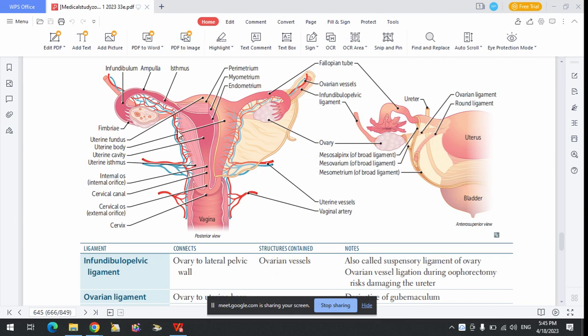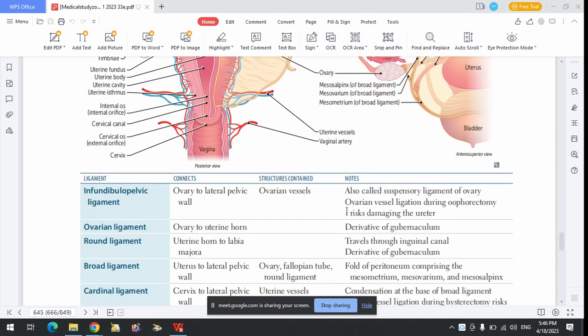The inferior derivative of the gubernaculum is our round ligament, which runs from the uterine horn to the labia majora, because it connects the gonads to the labioscrotal swelling derivative, which in the female is the labia majora. Then we've talked about the other ligament, the broad ligament.